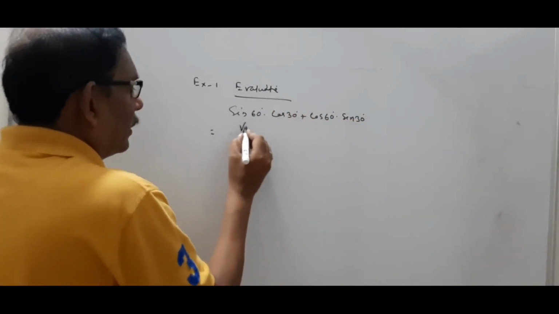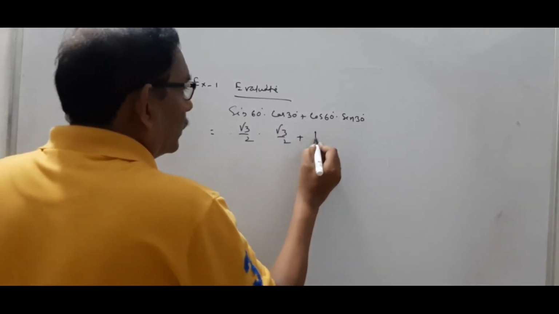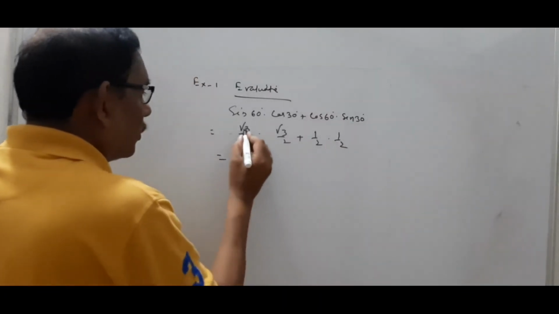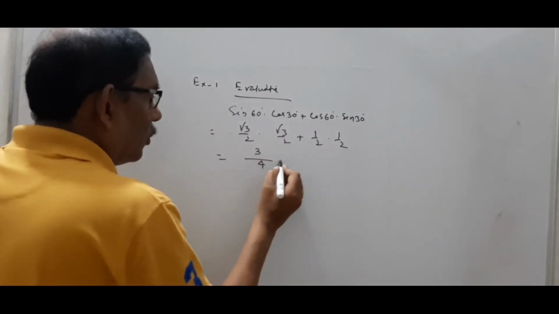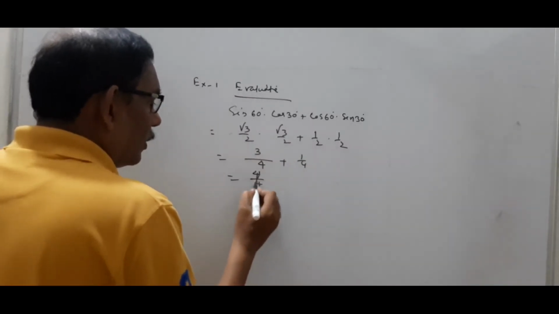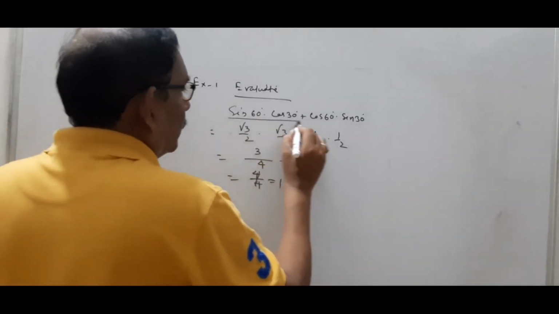Sin 60 you know is root 3 by 2, cos 30 is root 3 by 2, cos 60 is half and sin 30 is also half. Root 3 into root 3 is 3, 3 by 4 plus 1 by 4, so 4 by 4 is 1. So the value of this is 1.